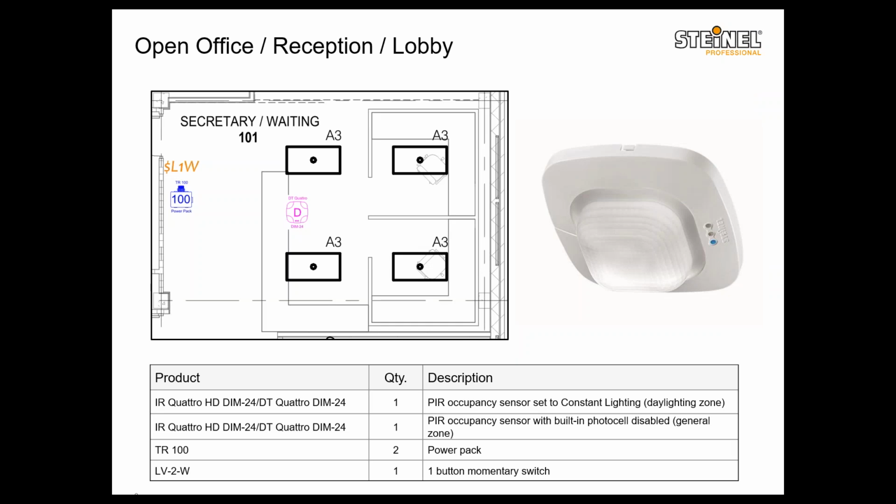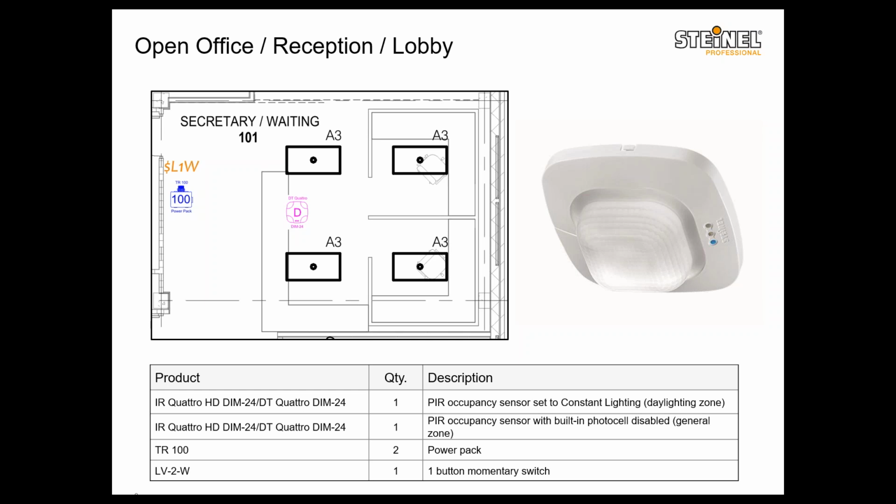So here I've shown a little open office area. Here, you will not have the daylight responsive control, but like I said, it can be a bigger open office area and you may end up having it. As Steinel, we recommend PIR or dual tech dimming sensors for this kind of application.